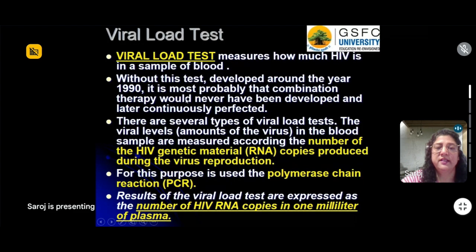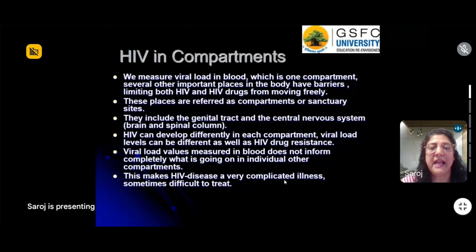So we have already discussed the viral load test. How the viral load test is done is that you can also check the HIV genetic material, which is the RNA copies. You do a polymerase chain reaction, and you can check the number of HIV RNA copies in 1 milliliter of plasma, and that would also be a measure of the viral load.